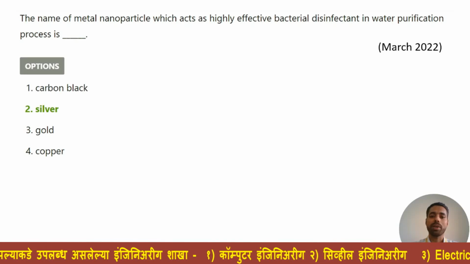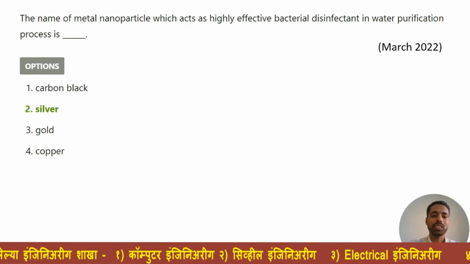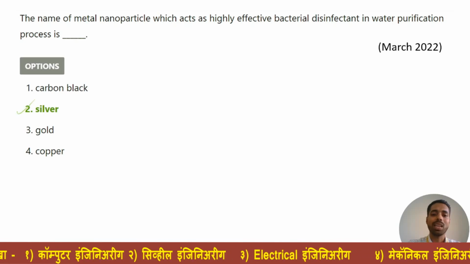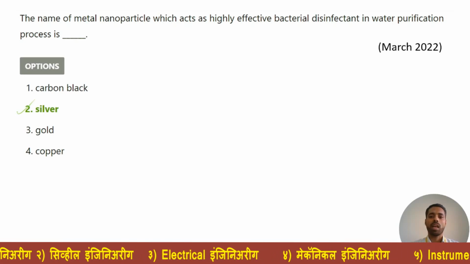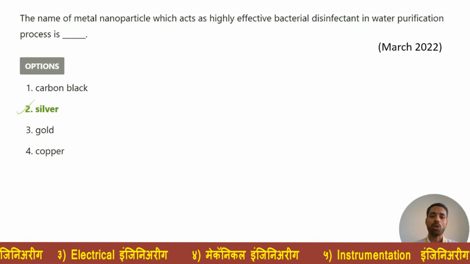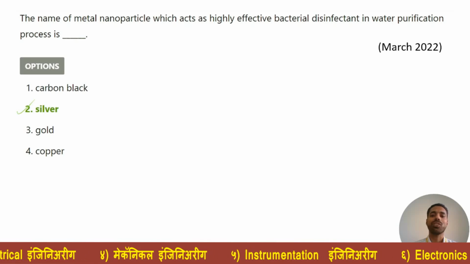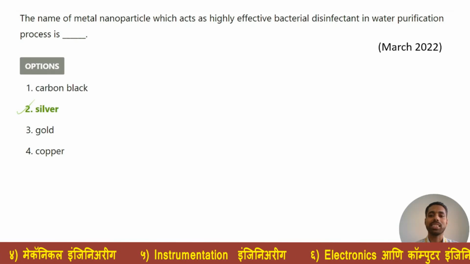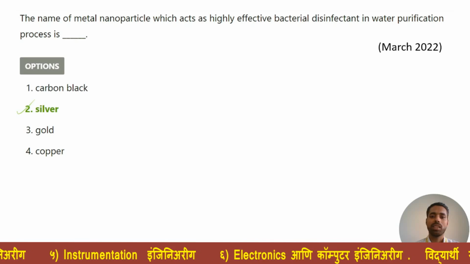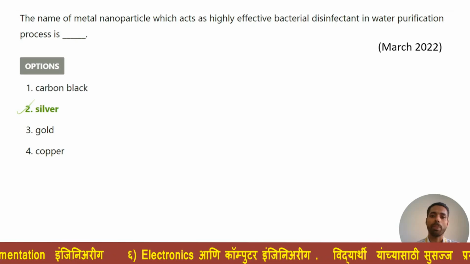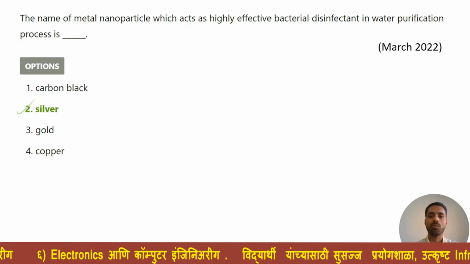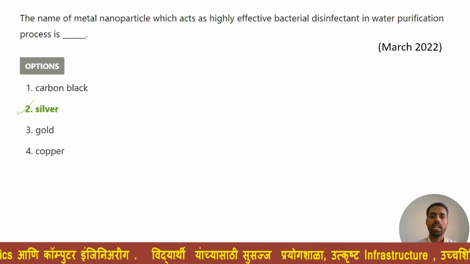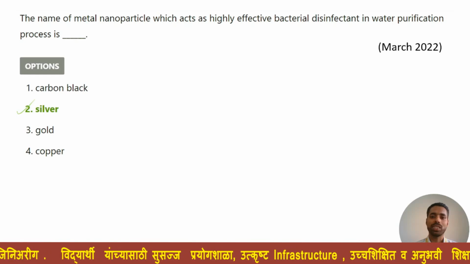And if you remember, the correct answer is of course the second, silver. As we know, silver nanoparticles are very highly effective bacterial disinfectants which remove even pathogens like E. coli from water.